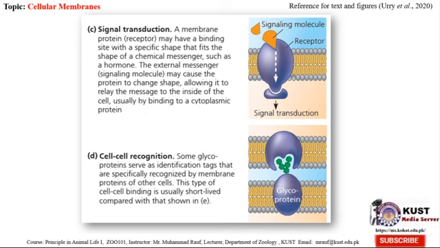Now, cells recognize other cells by binding to molecules, often containing carbohydrates, on the extracellular surface of the plasma membrane. So, the carbohydrates are attached with the proteins and form glycoproteins.